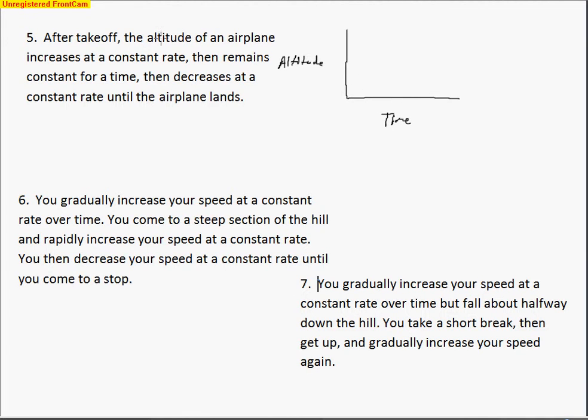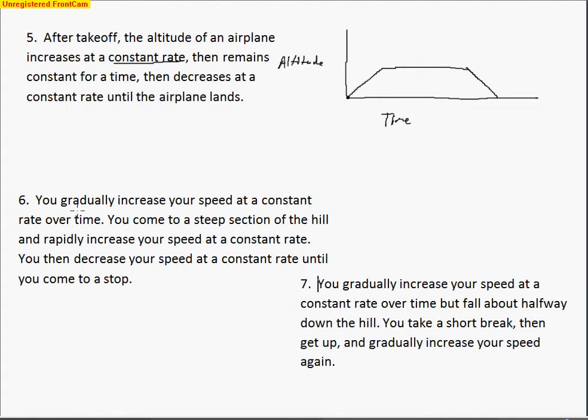And so we're comparing altitude to time, and it says at takeoff, so we're starting down at the origin here with no altitude, the airplane increases at a constant rate. So constant rate tells me I've got a line, and then it remains constant, so at a constant altitude for a period of time, and then decreases at a constant rate until it lands. So there it lands on the ground.